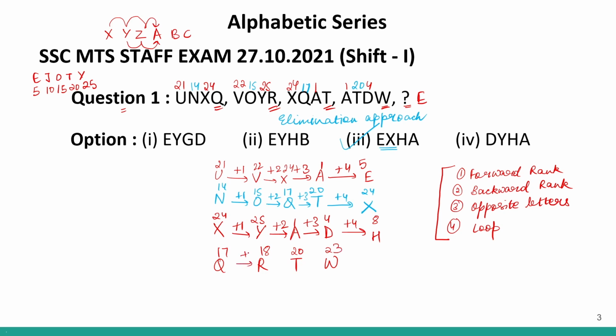So this is plus 1, this is plus 2, this is plus 3, and this is plus 4. So plus 4 will give me 27. Do we have a 27 forward rank? No. We have the forward rank of 1, which is A. So my missing element will be E, X, H and A. This is given in option number 3. Therefore, option number 3 will be the correct answer to this question. Clear?